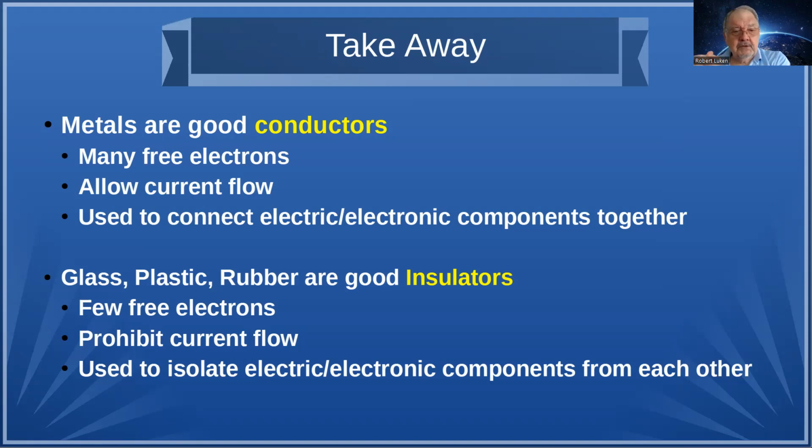And we use things like glass, rubber, and plastics for insulators. Mica is one of them. It's used a lot because there are essentially no free electrons, and it takes very high forces or voltages to cause current to flow through an insulator.